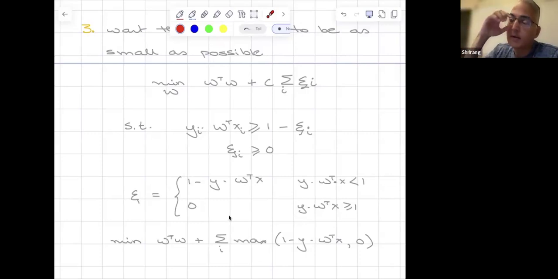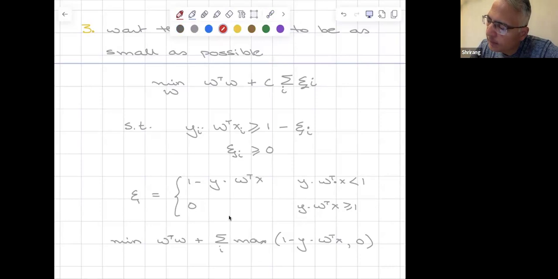Yeah. So, for example, what will happen is if you have many points on the wrong side, then your hyperplane is not a good hyperplane at all. But if you have, let's say this is my data set.